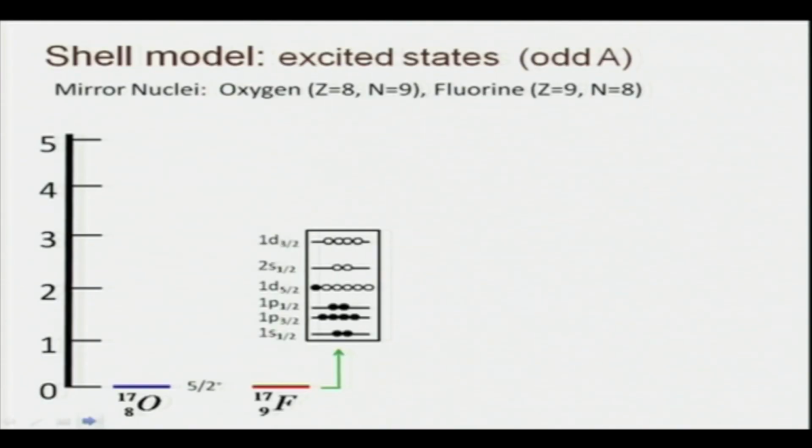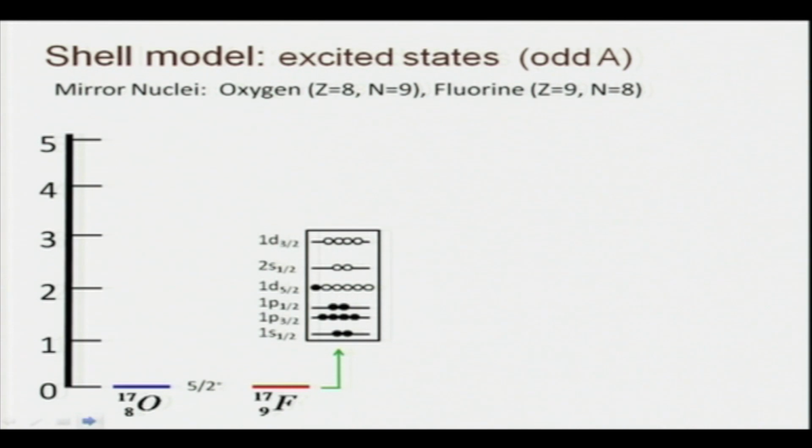One possibility is that this neutron, let us consider the oxygen now. A similar thing follows for the fluorine, just that neutron is replaced by proton. So, the unpaired neutron in the 1d 5/2 of oxygen 17 can jump to 2s 1/2 when you give some energy to this. And what would be the I value there?